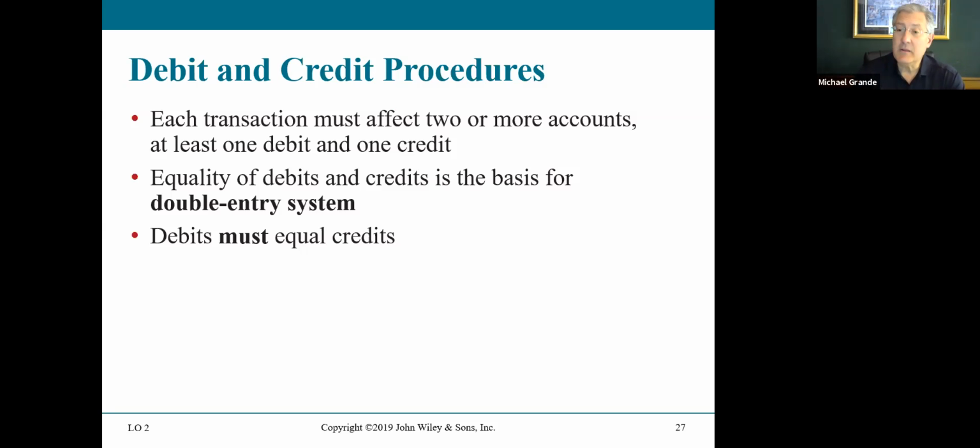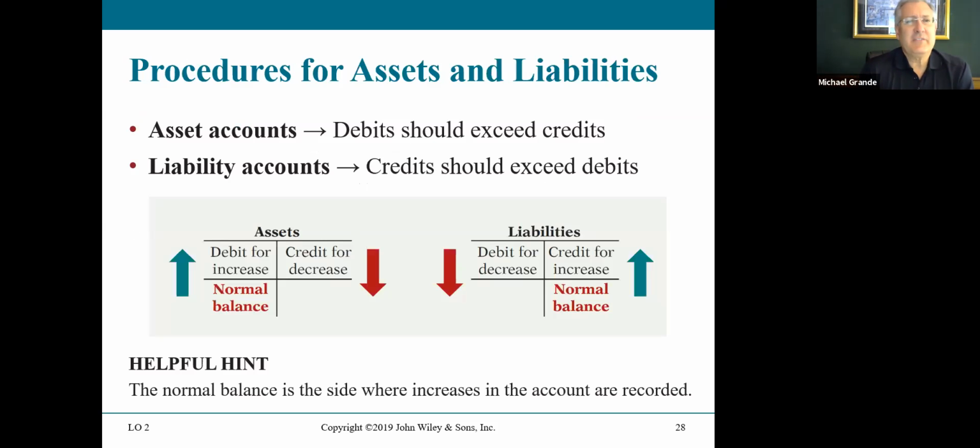And again, it is part of the accounting equation, where assets equal liabilities plus stockholders' equity and always need to be in balance. So that third bullet is crucially important. Debits must equal credits. Procedures for assets and liabilities. Asset accounts, debits should exceed credits. Liability accounts, credits should exceed debits.